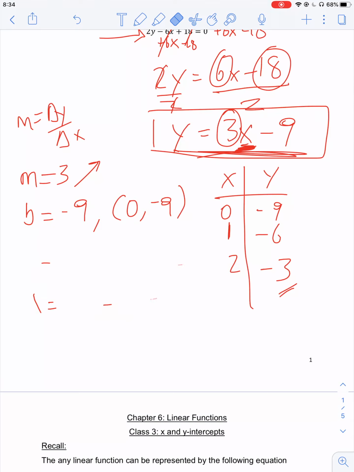And now once you look at the table, you can have an idea of how to scale your x's. Your x values are increasing by 1. So I would scale my x axis by 1.